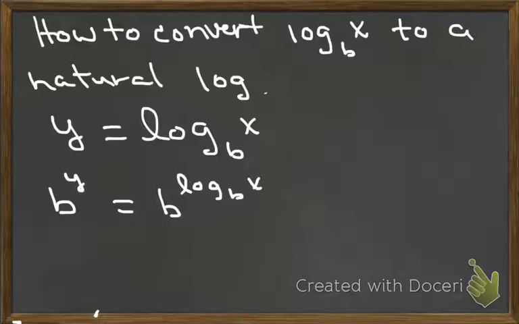And therefore, whenever I have the base here matching the base here, this is always going to just be equal to the argument, which in this case happens to be x. So b to the power of log base b of x is just equal to x.